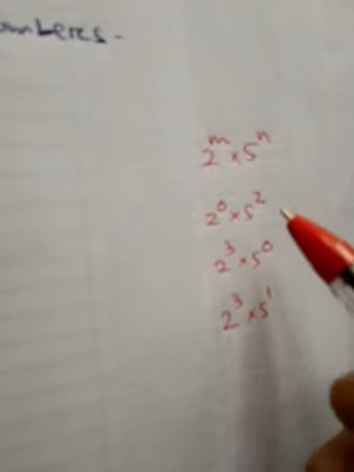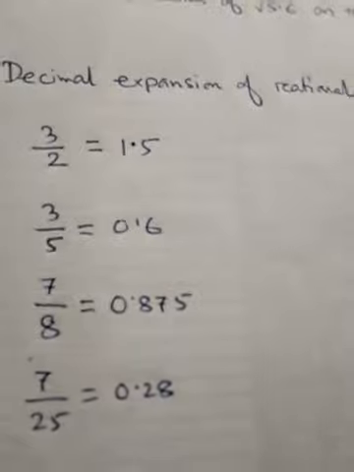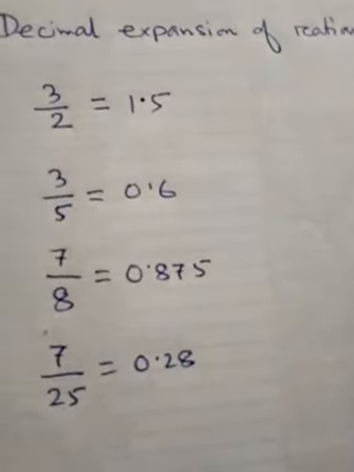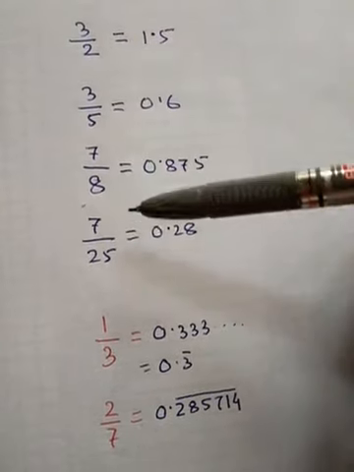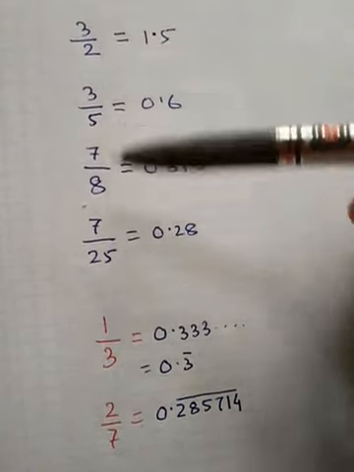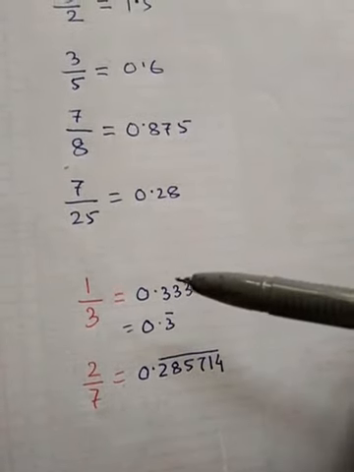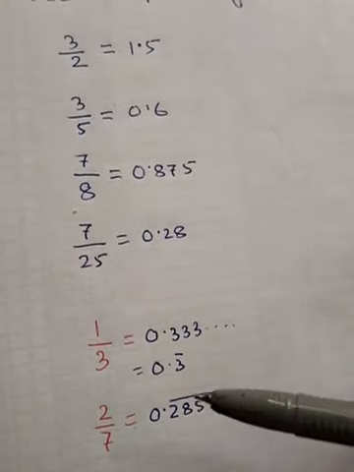Then in this case, if the denominators are of this type, we will get terminating decimal numbers. So from these examples, we can identify the terminating decimal numbers and non-terminating recurring decimal numbers.